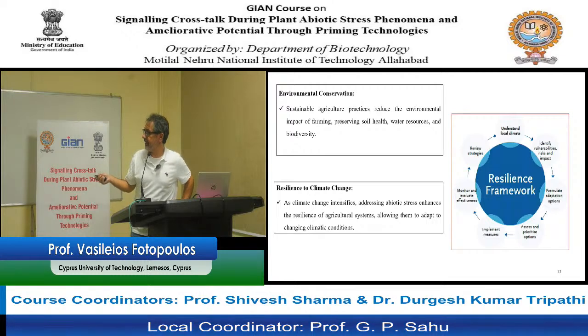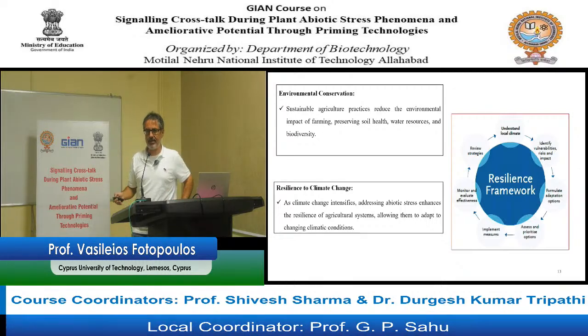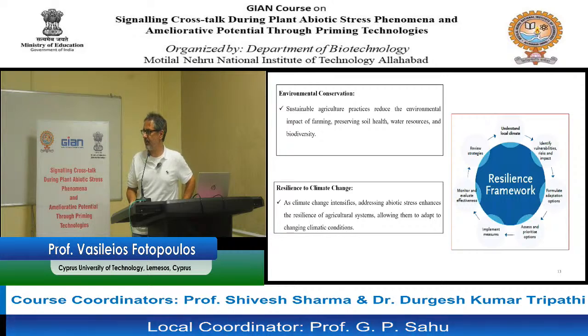this graph globally represents the so-called resilience framework that shows the key steps we need to follow to reach a point of consensus for achieving global food security.